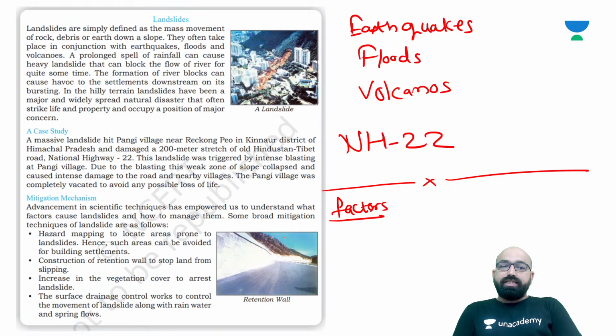Some broad mitigation techniques are hazard mapping to locate areas prone to landslides, so that such areas can be avoided for building settlements; construction of retention walls to stop land from slipping; an increase in vegetation cover to arrest landslides; and surface drainage control works to control the movement of landslides along with rainwater and spring flows. So friends, this is all about landslides.